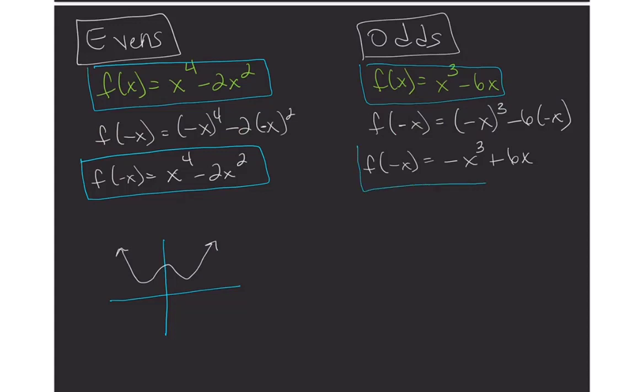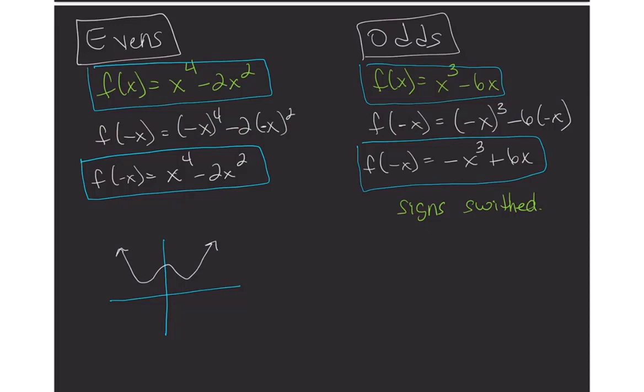So when I look at these two equations, the original and the negative x, do you notice anything about them? The sign switched. Yep, absolutely. So with this one, the signs switched.